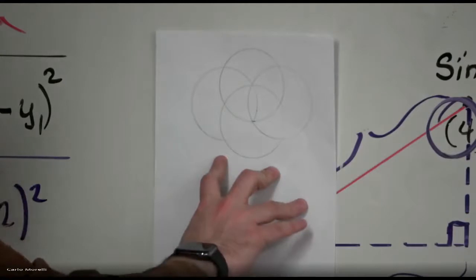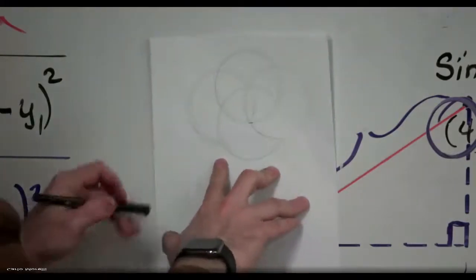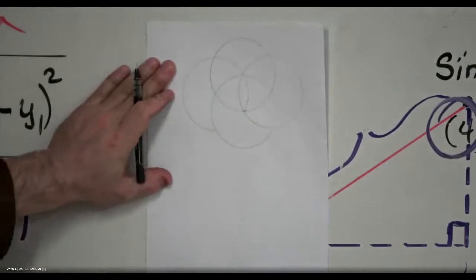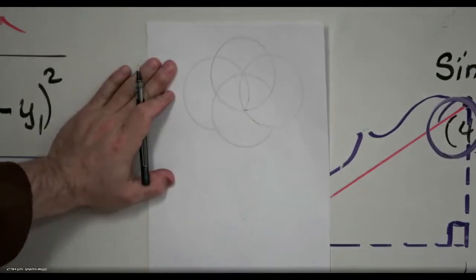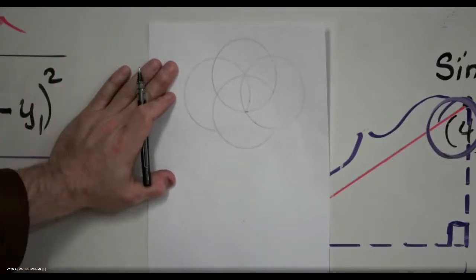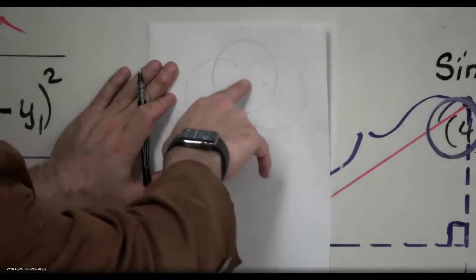Now, if you have a pencil or a pen, it helps this next part. We're going to make some little marks. Remember, the point wasn't the circles. The circles are going to be used. So now what I want you to do, you see where all these lines intersect right here?